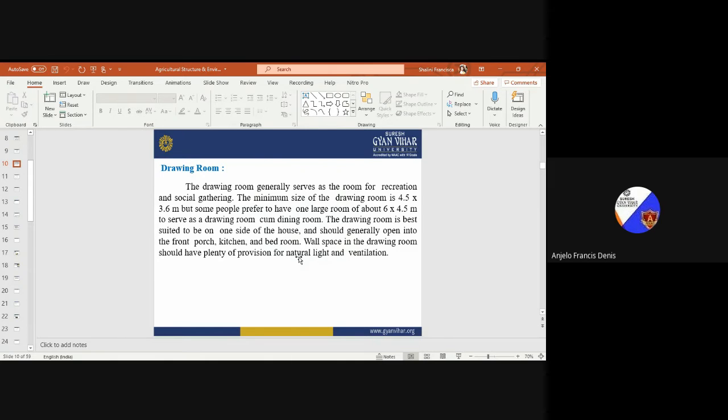Next is the drawing room. As we know, it is for social gathering and recreation for the guests who are visiting. We take them to the drawing room rather than to the bedroom or the dining area.